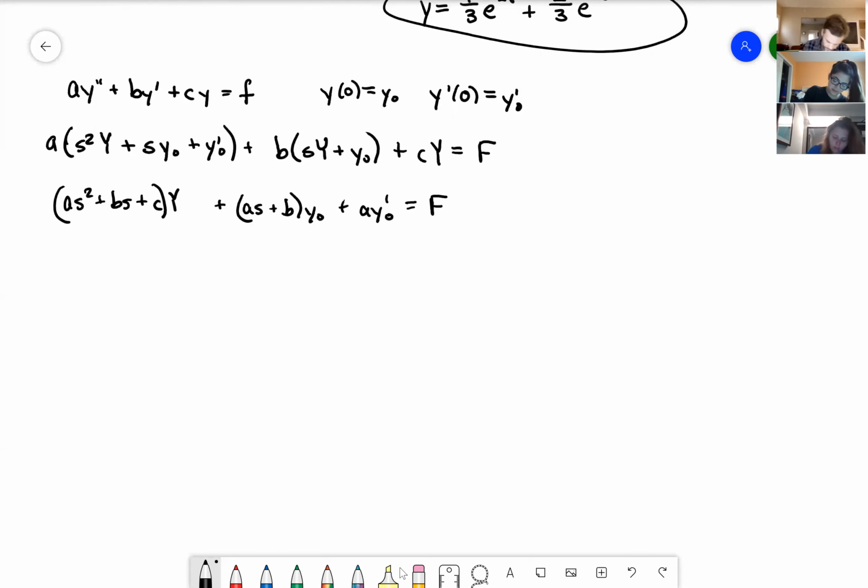Now we'll move all the non-Y stuff over to the other side. You know what I'm going to do? I'm going to divide by that stuff, so let's just do it all in one step. F minus (a s plus b) y(0). Oh, sorry. Yep. These should be minuses.